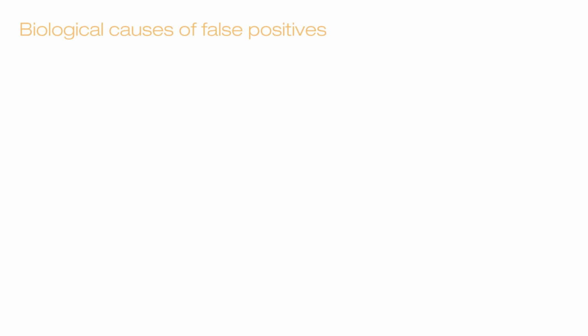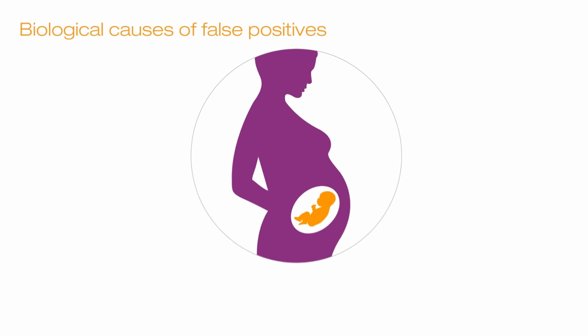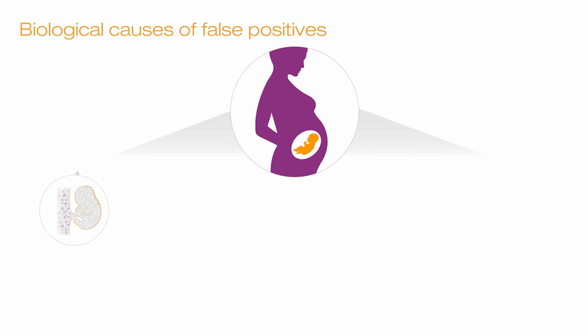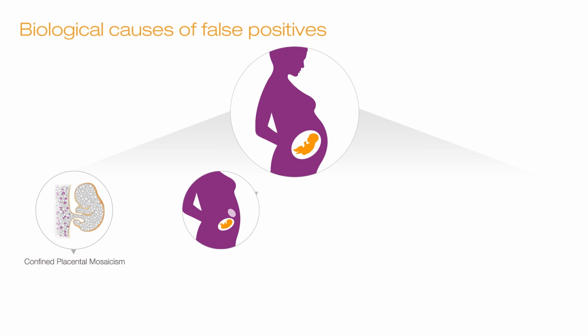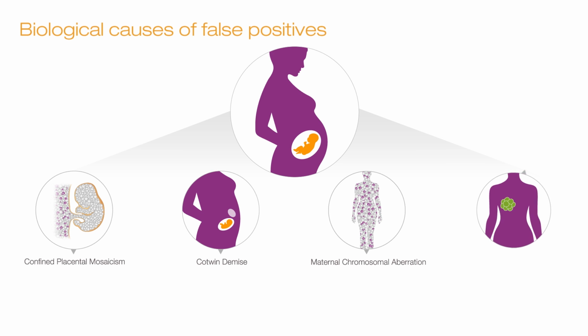There are also other reasons why you might get a positive result with NIPT that can be explained biologically, but results in a totally normal fetus. Besides confined placental mosaicism, there may be demise of a twin early in pregnancy. The mom herself may have some sort of an aneuploidy, maybe at a mosaic level, and in rare cases, maternal malignancies may be detected.